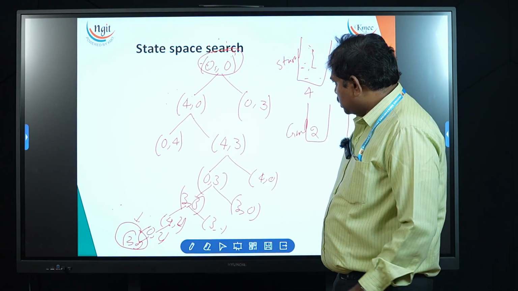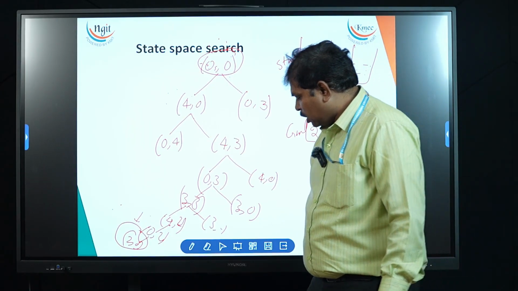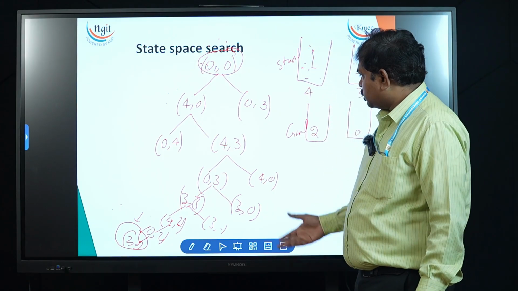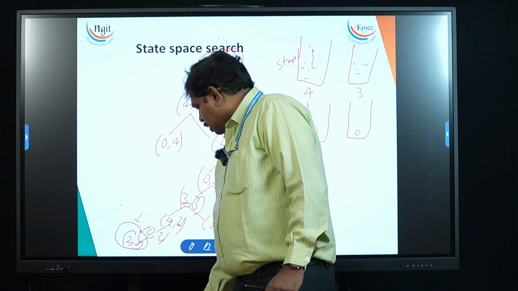Now, I have also given an example of tic-tac-toe. There also I converted it into a state space search and I searched for the solution.